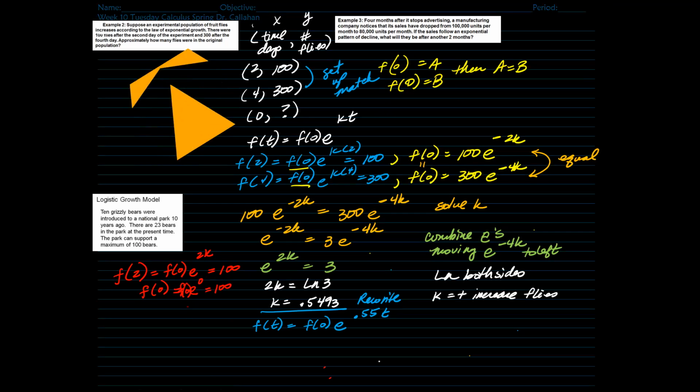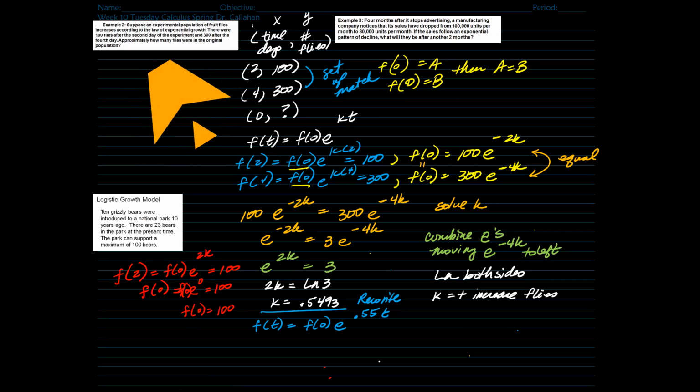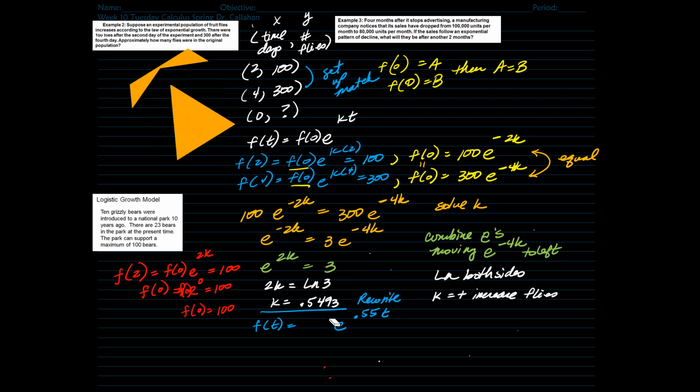So f of 0 times 1 is just f of 0, which is 100. So then I'm going to replace this f of 0 with 100, okay?